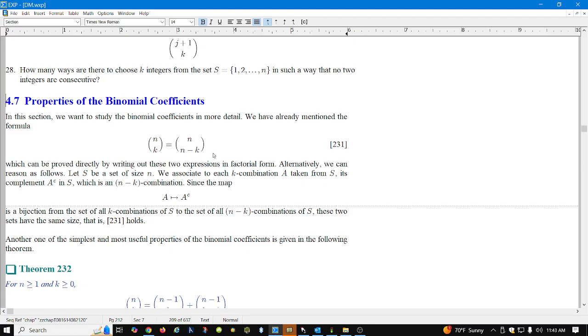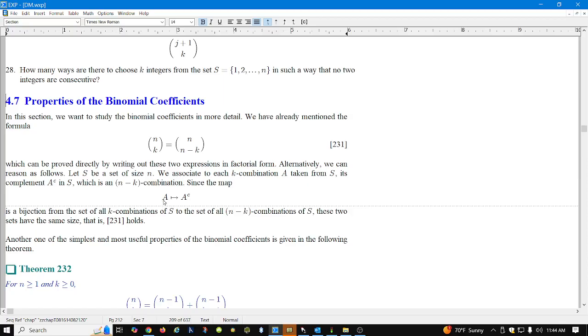Just to be a little more formal on that argument, suppose S is a set of size n. Then we can associate to each k combination A taken from S its complement in S. And that's an n minus k combination.